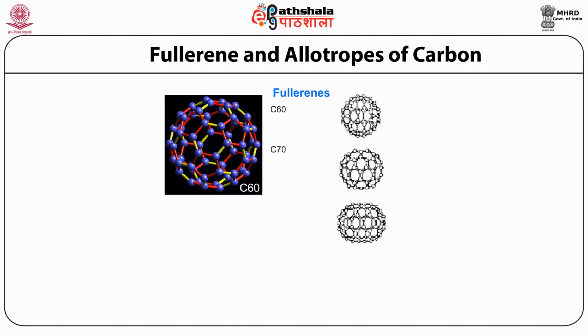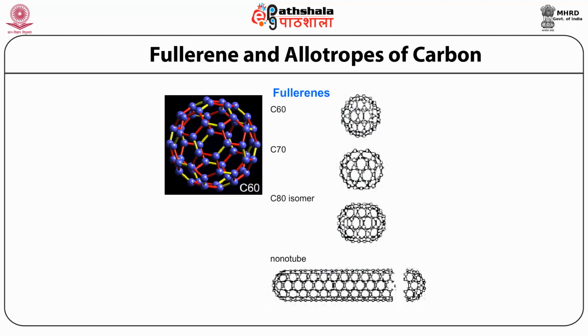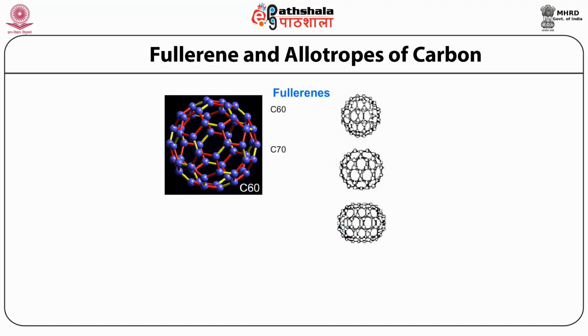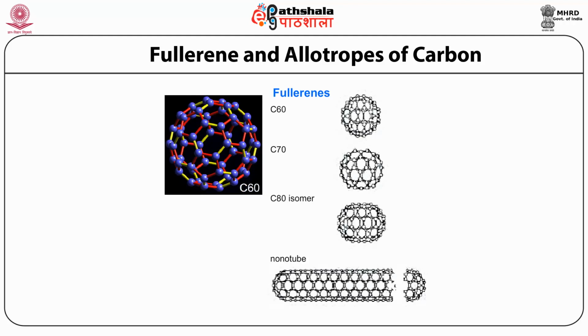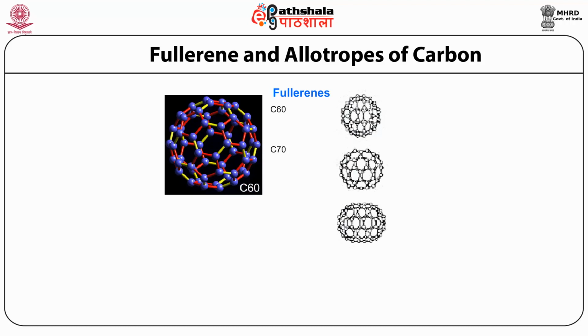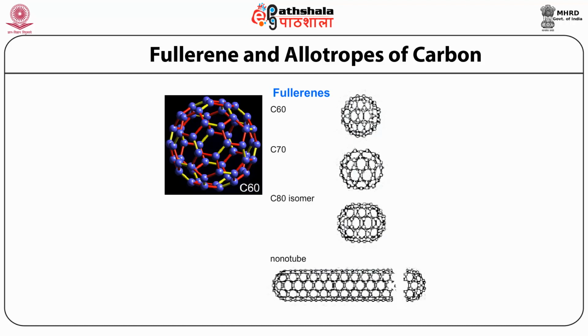C70 also contains 12 pentagons because they are needed to close the structure, and for other elongated fullerenes, additional hexagons should be added to give a structure which is close to tubular.